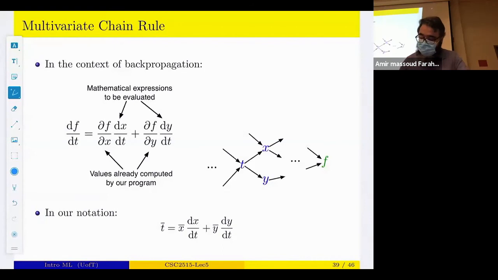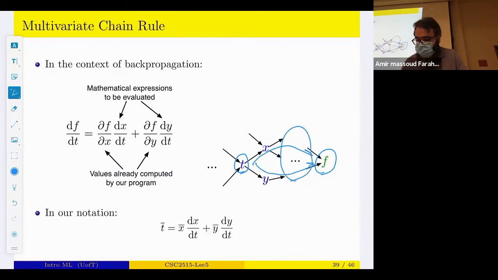So if you have an f, which you can think of as, for example, your loss function, and you want to compute the derivative with respect to t, and you can think of t as some of the weights that goes through 2 paths, for example, here, and many things can happen here.